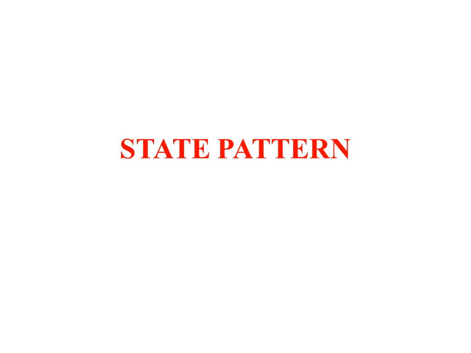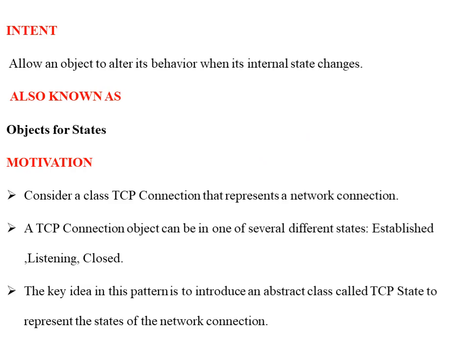Now we'll see the intent. The intent is that it allows an object to alter its behavior when its internal state changes. Altering means modifying. The best example is the operating system process states: new state, ready state, running state, blocked state and exit state.